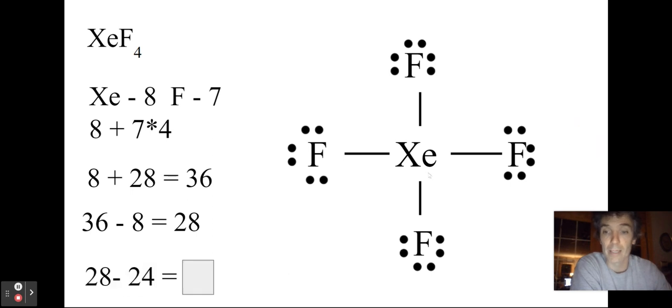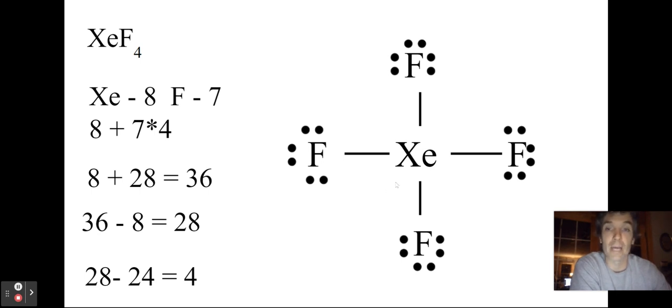So I subtract. Now, this is going to give me 4 left over. Now, if everybody has 8 in this scenario, 2, 4, 6, 8, everybody's got 8. If I have extra electrons, in this case I add those extra electrons to the central atom.